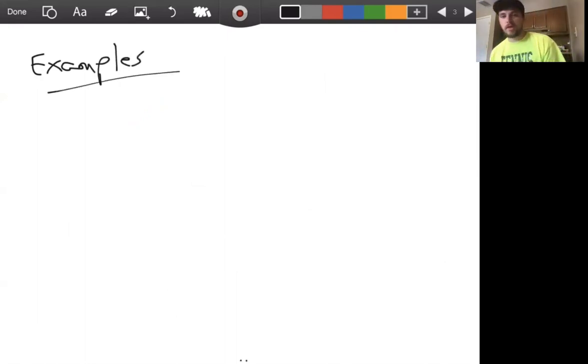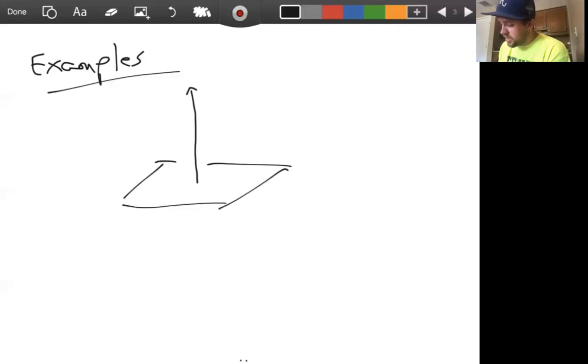And let's look at some examples of phi, because in the past, a lot of students have struggled with understanding this concept. So let's look at just the positive z-axis here, and then we have the xy plane.